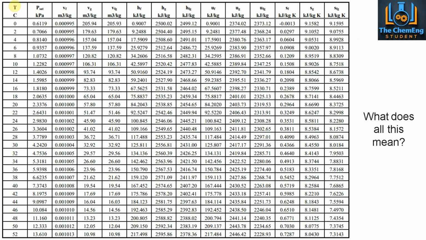Now, these are the two columns that we will use initially to fix our operating system. So we have temperatures in the first column. Now, this one only goes up to 52, but there are other pages within the steam table, and I'll put a link in the description to the online reference of the steam table, along with another couple that you can check out if you need them for your own use, or if you're just curious to see what the other tables look like.